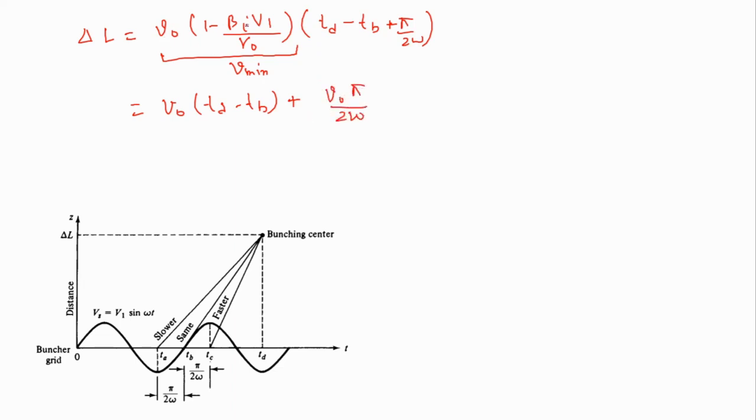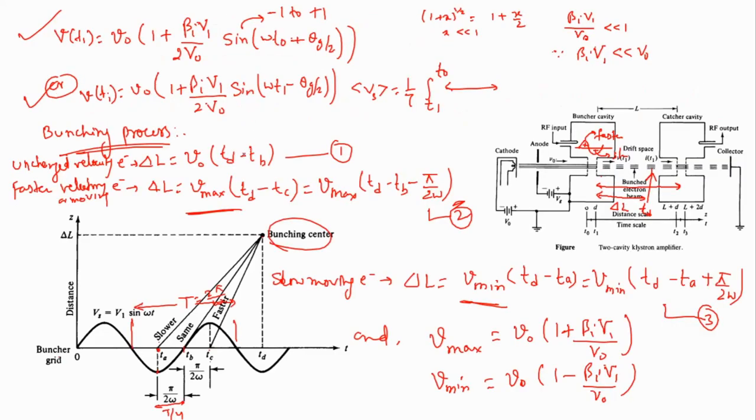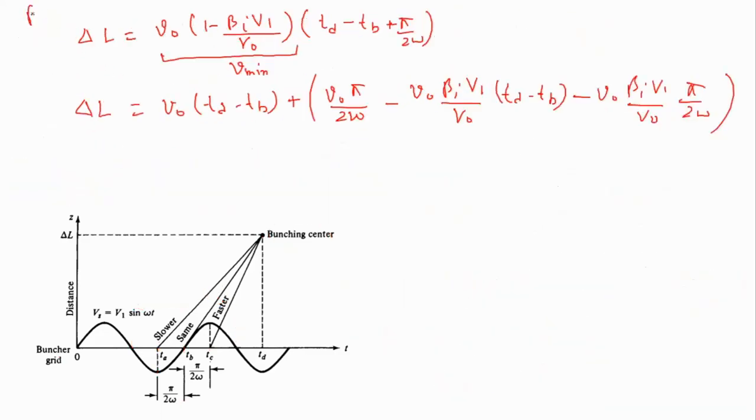Again we have minus V0 into beta I V1 divided by V0 into TD minus TB, and minus V0 into beta I V1 divided by V0 into pi by 2 omega. This is the equation of delta L for Vmin, from equation number 3.